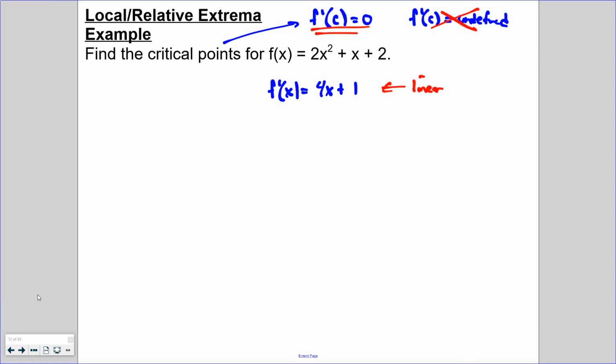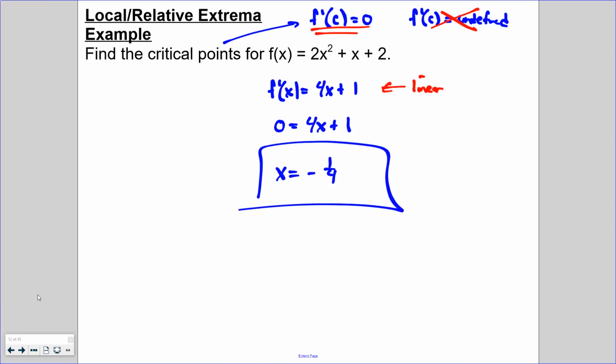So I can set f prime equal to 0, so I get 0 is equal to 4x plus 1, and then I can solve for x, and I get x is equal to negative 1/4. And x equals negative 1/4 is the critical point of the function 2x squared plus x plus 2.